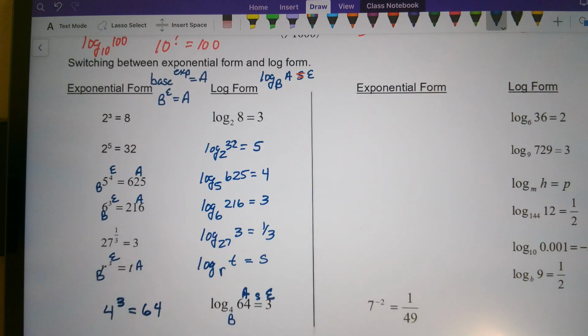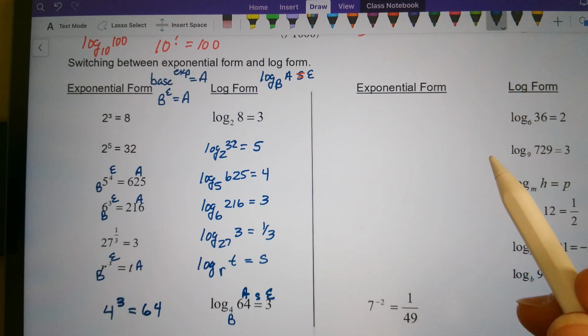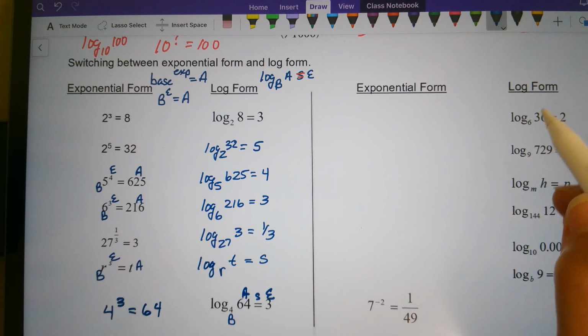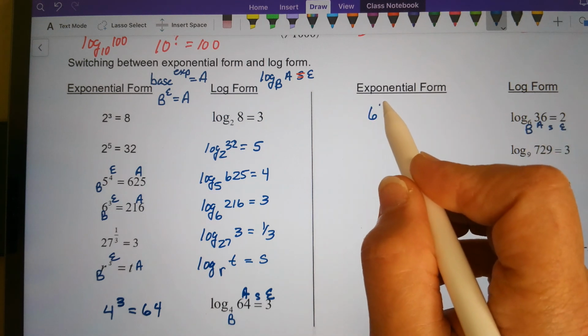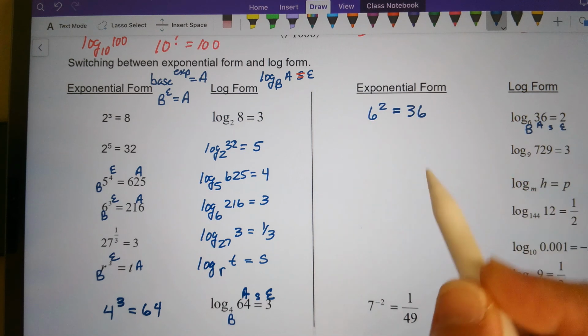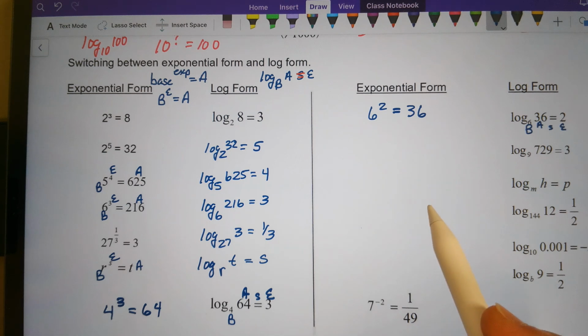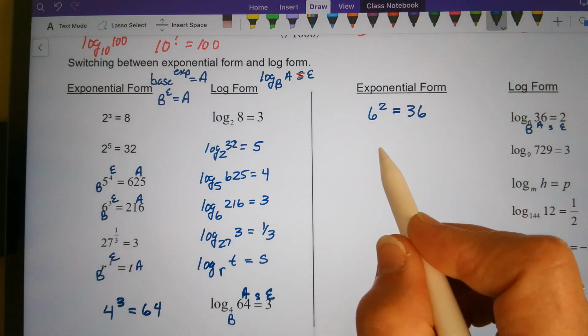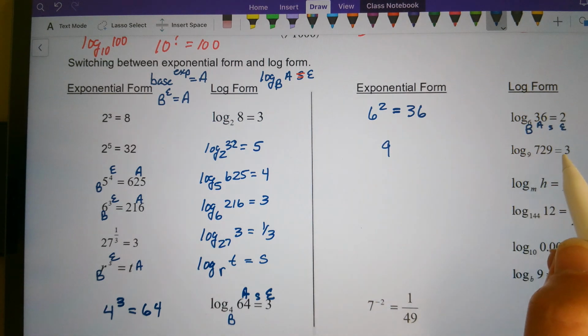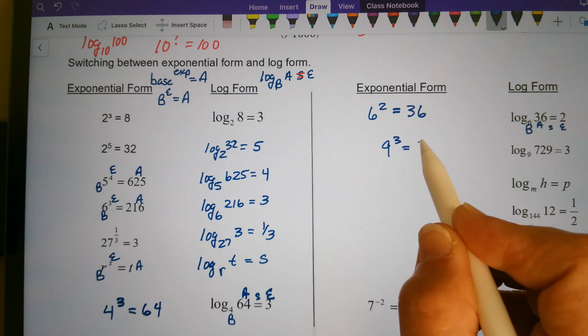Now the other half, the right-hand side, we want to go from log form to exponential. It spells out base. Our base is 6, our exponent is 2, equals 36. Yes, 6 squared is 36. Log base 9 of 729 is 3. Our base is 9, exponent 3 equals 729.